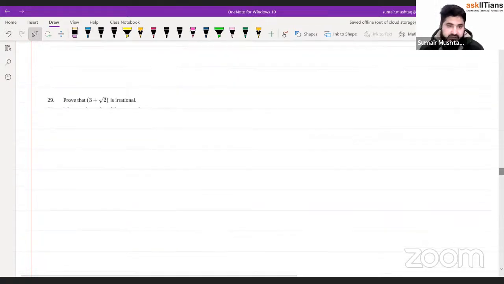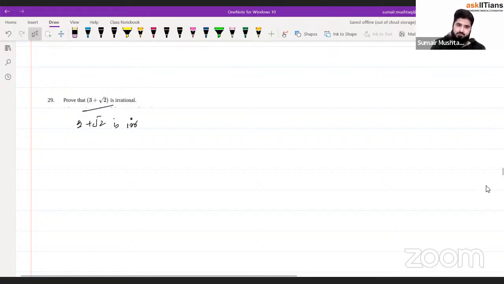Question 29. Simple. You have been doing from very long time how this is an irrational number. Prove that 3 plus root of 2 is an irrational number. How? If possible, suppose 3 plus root of 2 is rational.